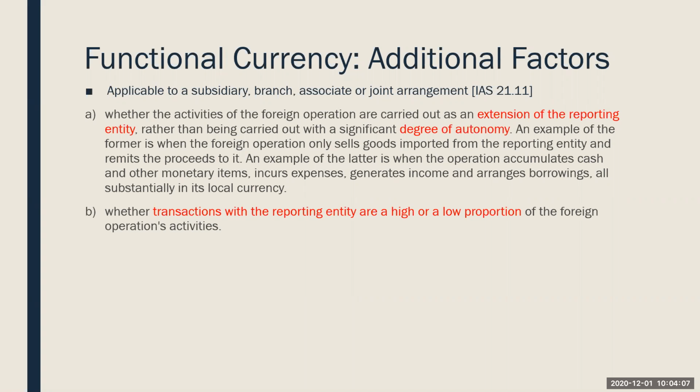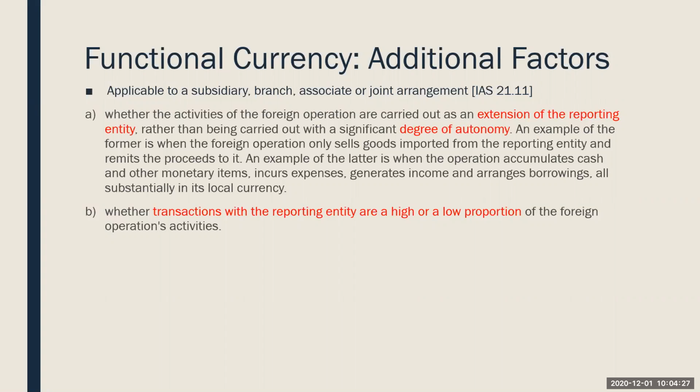Another factor to consider would be whether the transactions with the reporting entity are a significantly high proportion of the foreign operation's activities or not. Keep in mind that when we speak of the reporting entity, we are talking about a Canadian company.